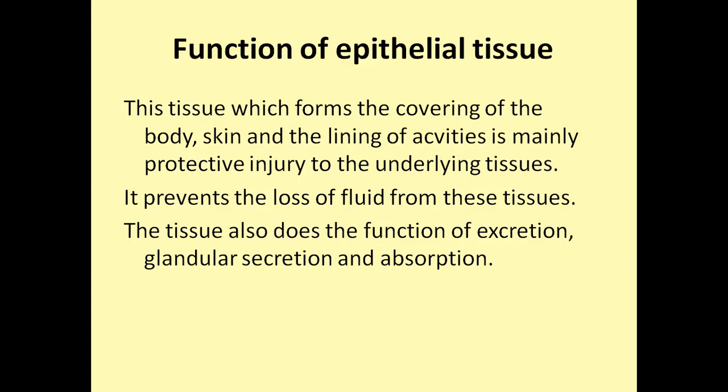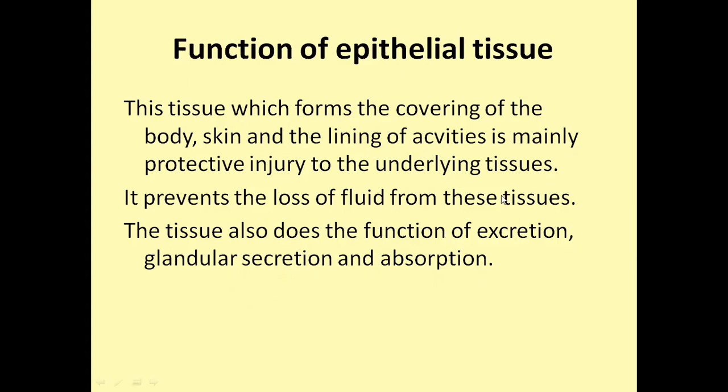Even if the temperature is very high, it does not let the water just go out of the body. So that is one of the very important functions of this epithelial tissue. The tissue also functions in excretion, glandular secretion, and absorption.